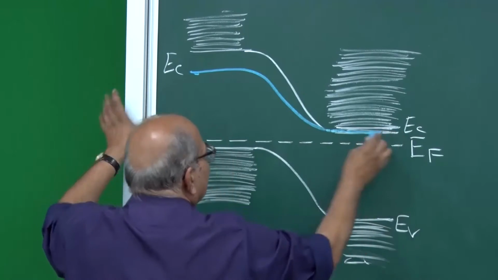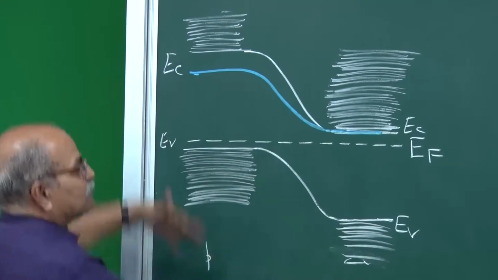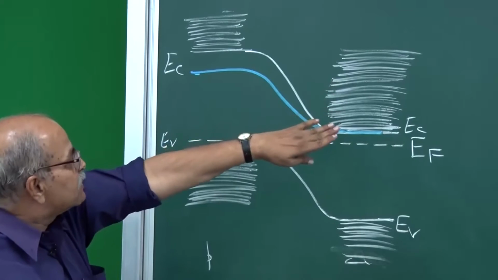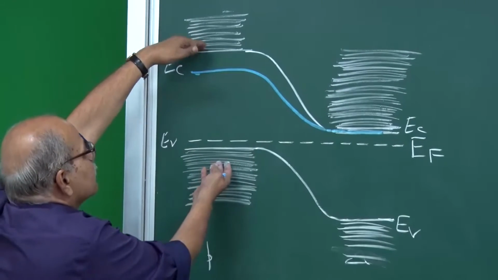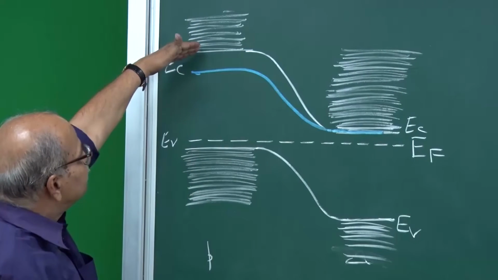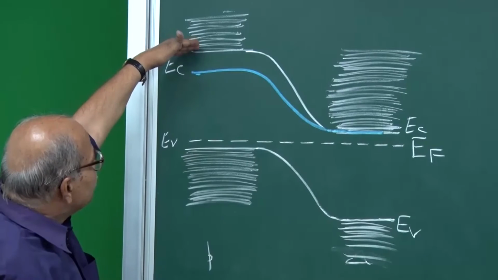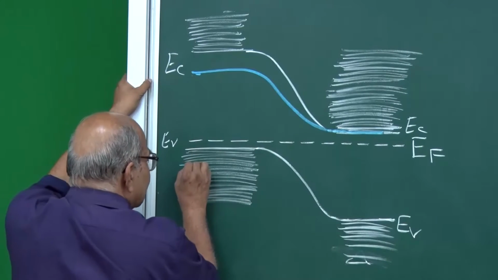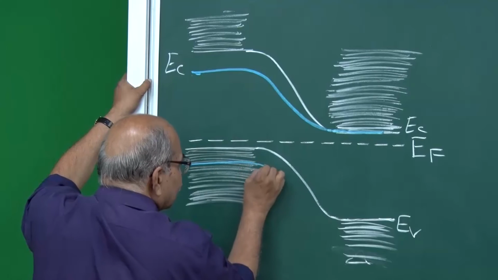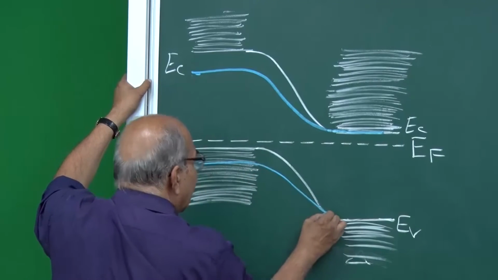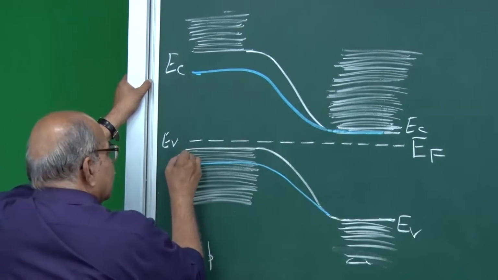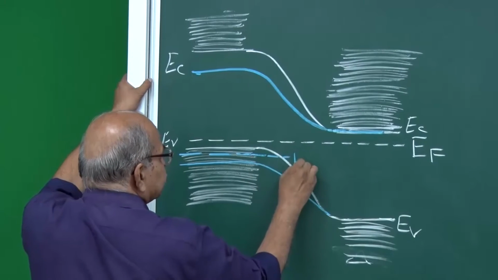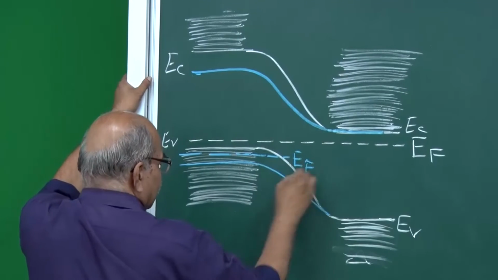It's all relative. The whole thing can be shifted up, shifted down. By applying a voltage which is presumably small as compared to this, your new EC comes here, your new EV comes here. And the Fermi level also comes down. Here is the new Fermi level for P side.